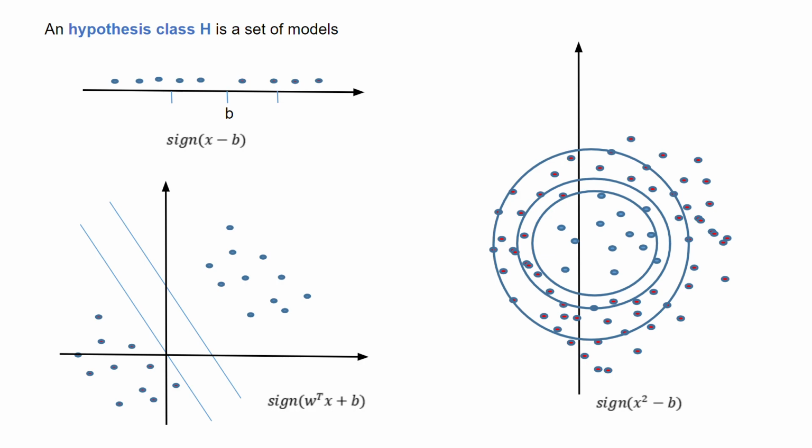As we can see on the top left of this slide, there is a number system where the blue points are on the left of B and the red points are on the right of B. If we consider a hypothesis class to separate the red points from the blue points, we can draw a point at B, which would segregate the reds from the blues. This is a fairly simple example.